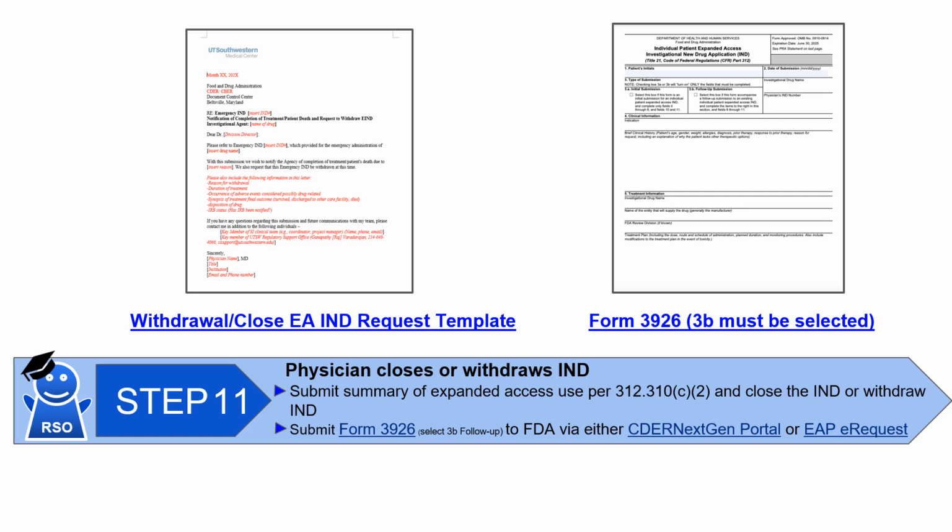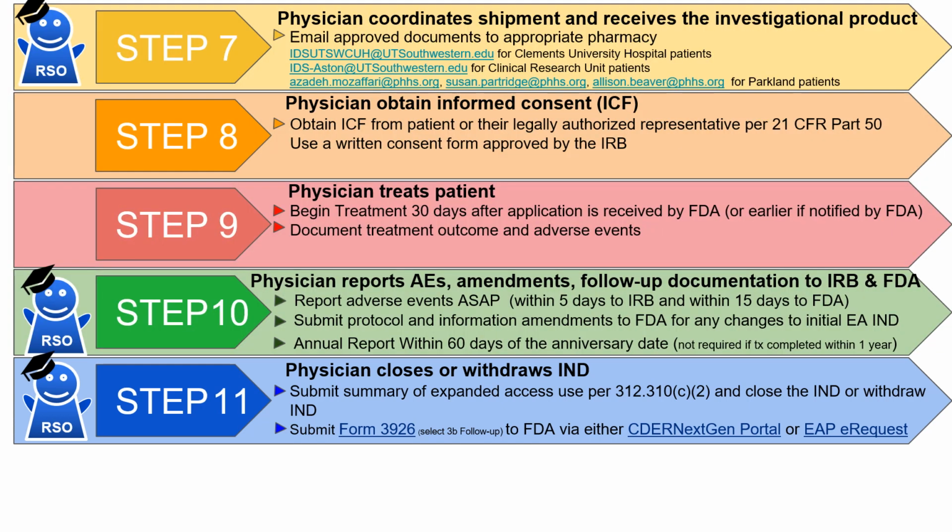So has the IRB been notified or not? You need to include that information, and you would submit it along with Form 3926 via the CEDAR NextGen portal or expanded access e-request. So this concludes my portion of expanded access.